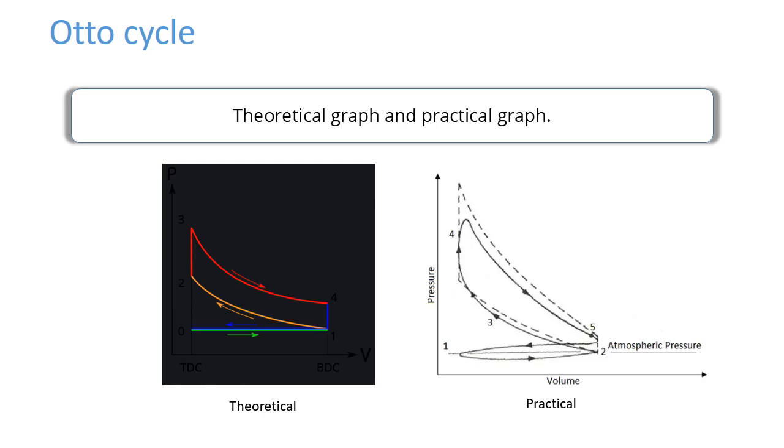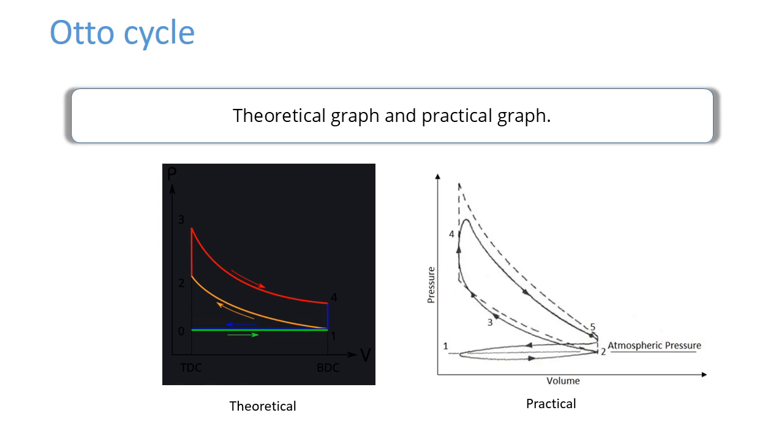So observe in the theoretical graph, from process 0 to 1, which is represented by the green line, we can see the process of suction is happening where the volume is being increased while keeping the pressure exactly the same.